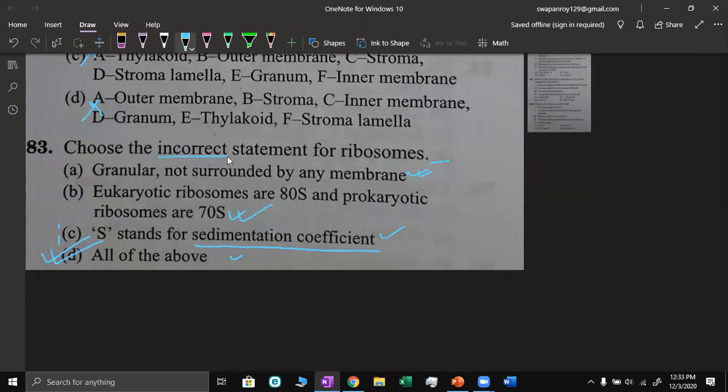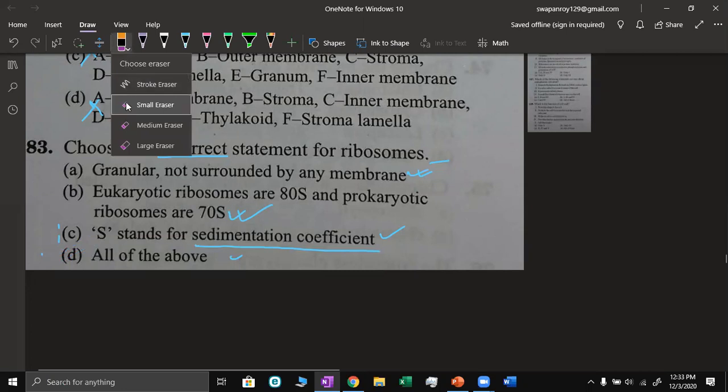If it is given incorrect, then all are correct. But this one, if we see, you have to do it like this.